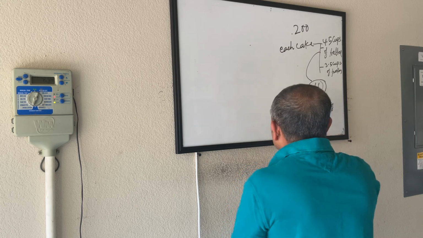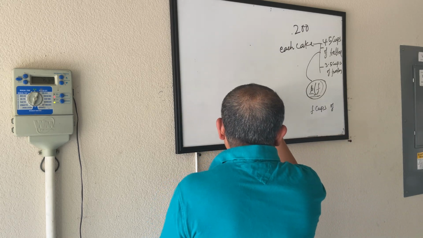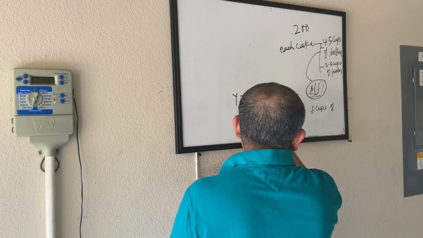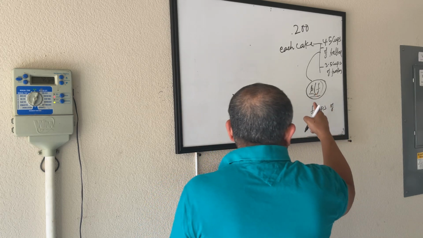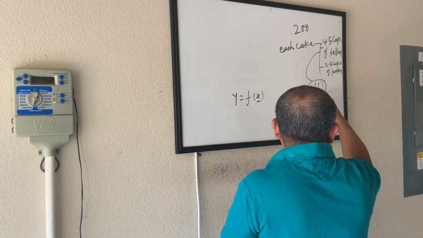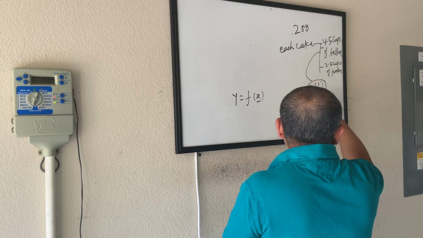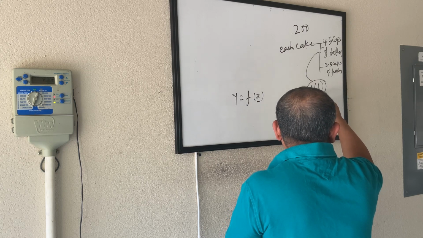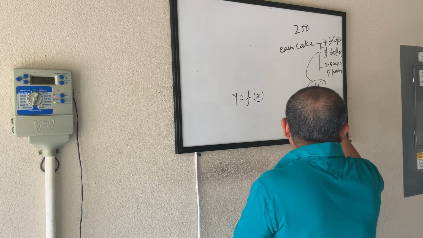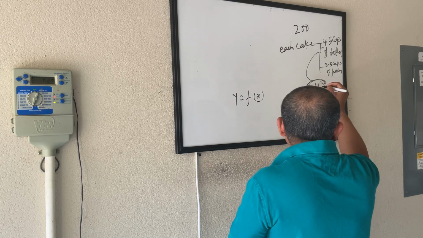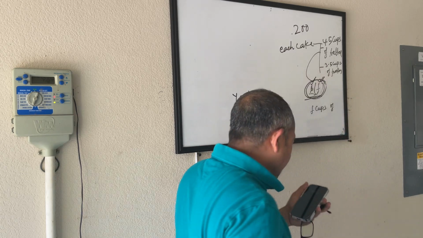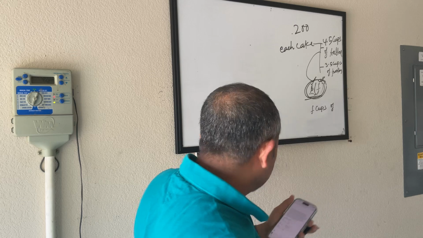It's like when you say y is a function of x, meaning y changes based on the value of x. So it's trying to relate how the number of cups of batter and cups of frosting are related.